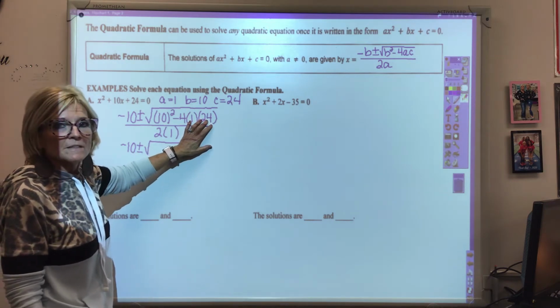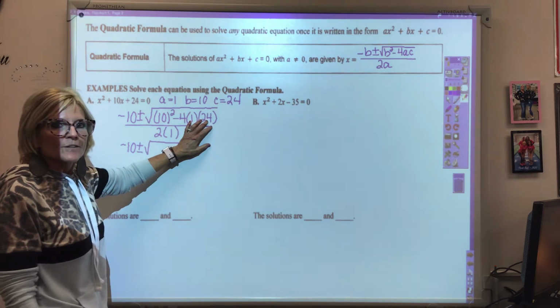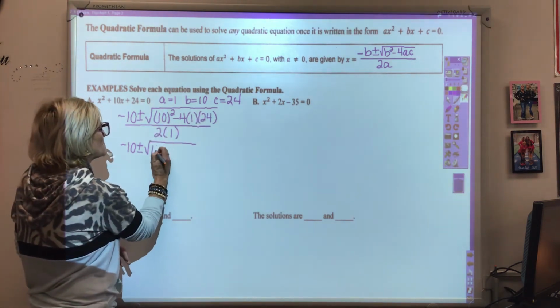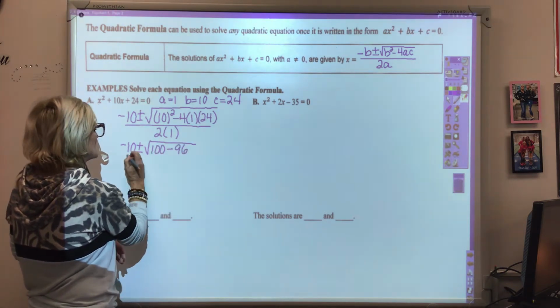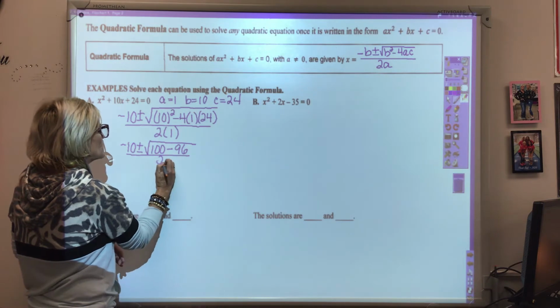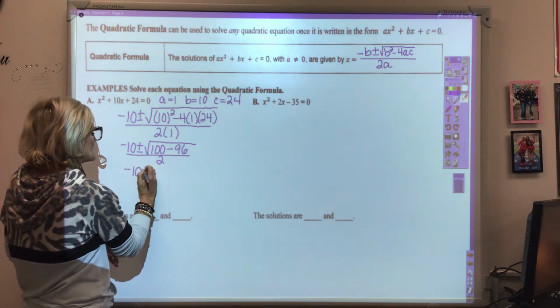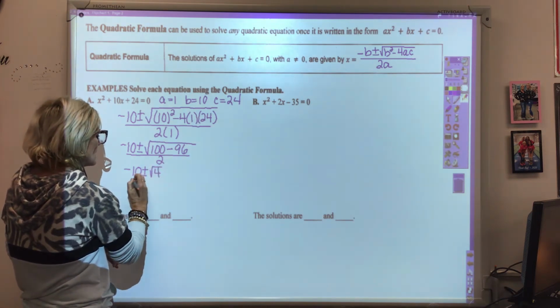I'm just going to work it out step by step, but I don't mind if you want to use the calculator to help you simplify these. This would be 100 minus 96, all divided by 2. So we would have negative 10 plus or minus the square root of 4, all divided by 2.